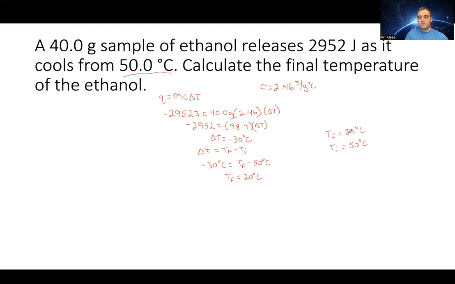Our final temperature is lower than our initial temperature, so we put the right sign. That's the way we can double check ourselves. It's always important to double check yourself, especially when you're using algebraic equations like Q equals mc delta T. We want to make sure that we're putting in the proper variables, the proper positive and negative signs, and we should be checking units throughout.